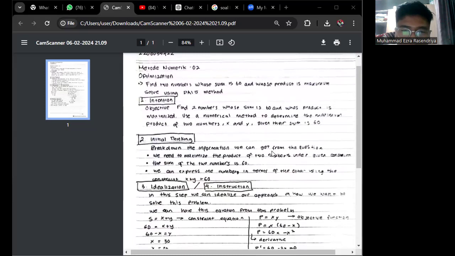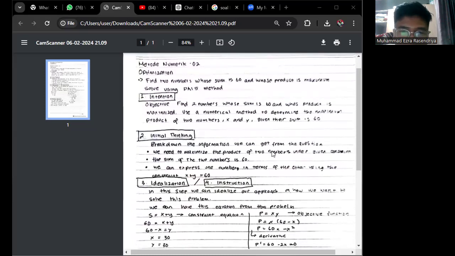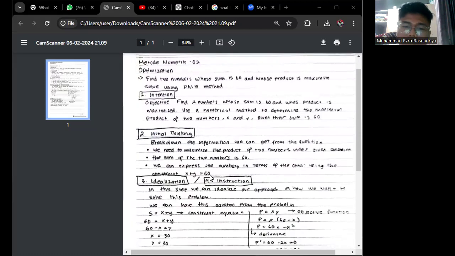Okay, now we can move on to the next step of Die5, which is initial thinking. In this step, we can break down the information we can get from the question, which is we need to maximize the product of two numbers under a given constraint.